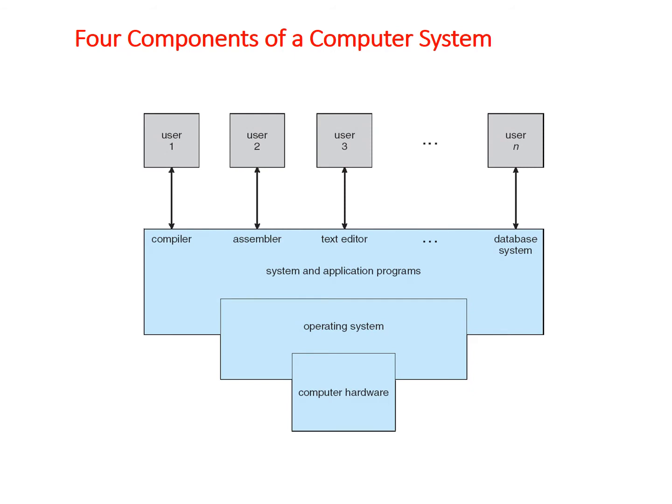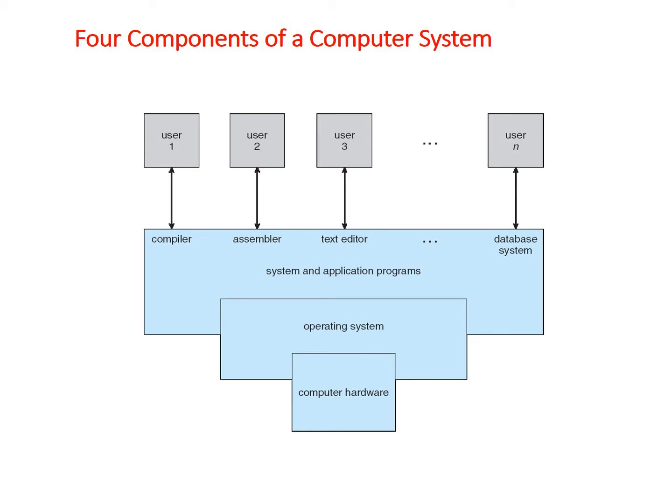The 4 components of a computer system. This graph, or image, explains the 4 components of the computer system. From user 1 to user n, compiler, assembler, text editor.